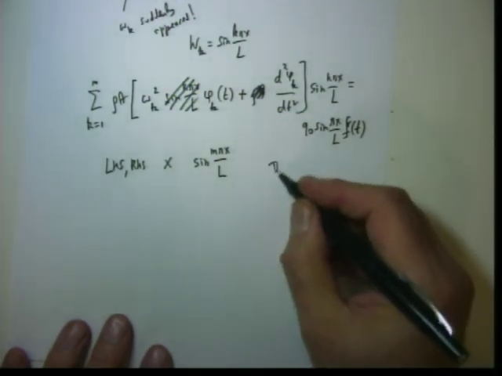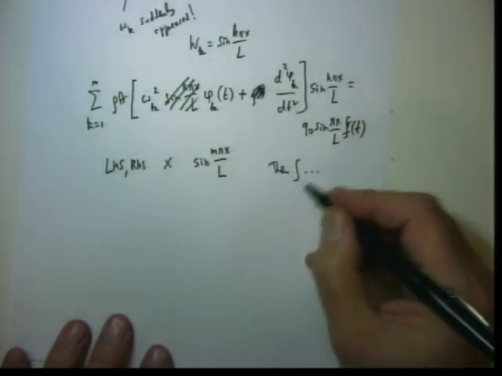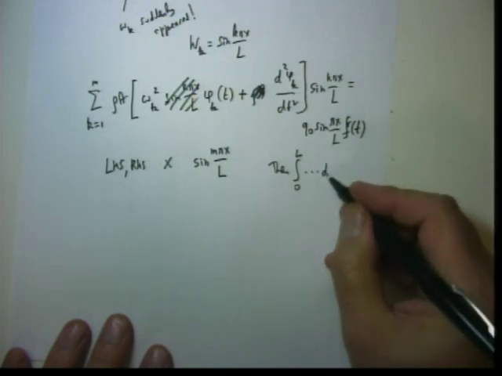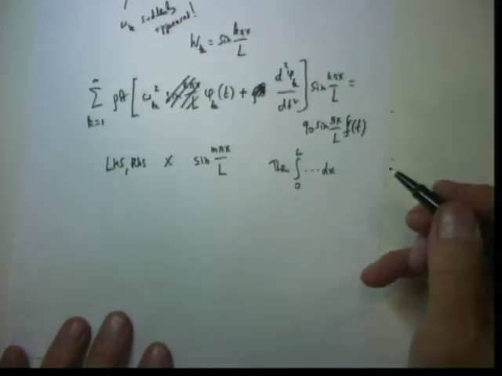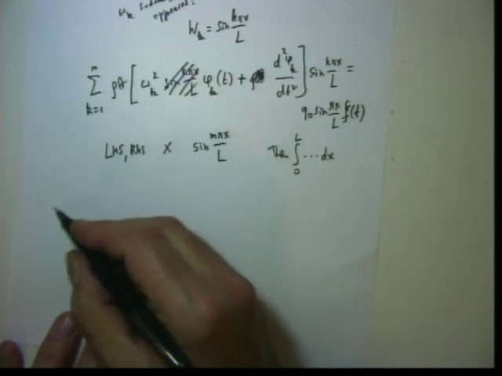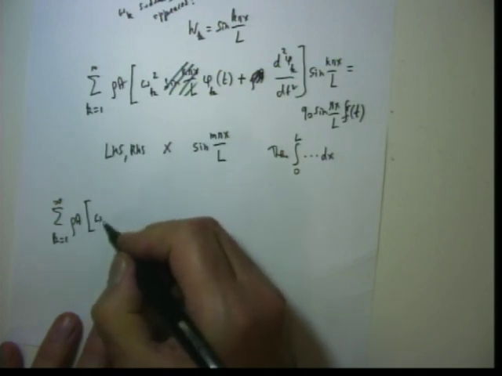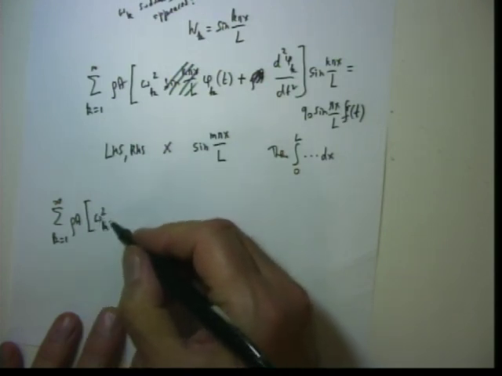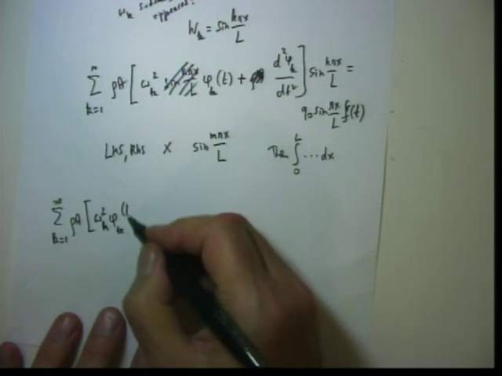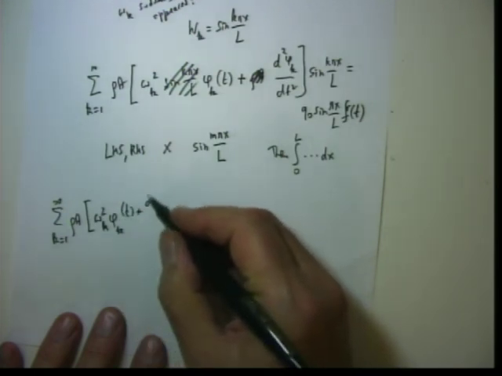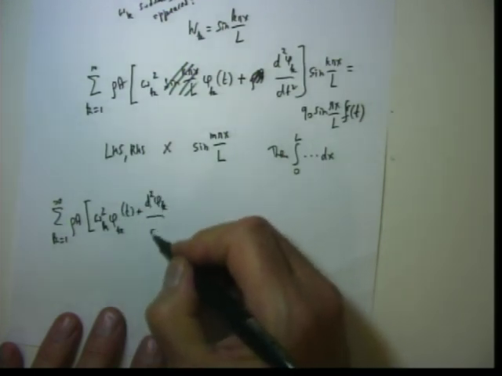Then I integrate from 0 to L dx. So I will get k from 1 to infinity, rho A, omega k squared phi sub k of t plus d2 phi sub k dt squared.